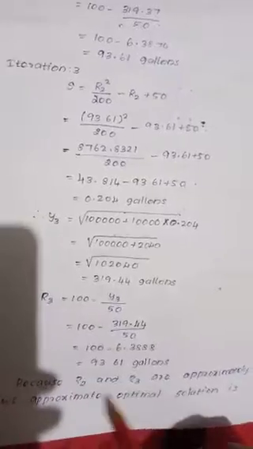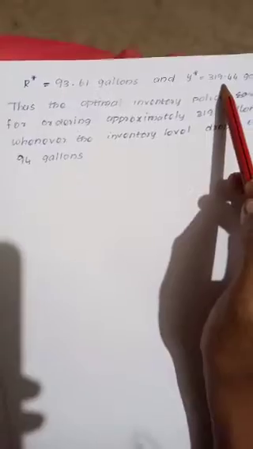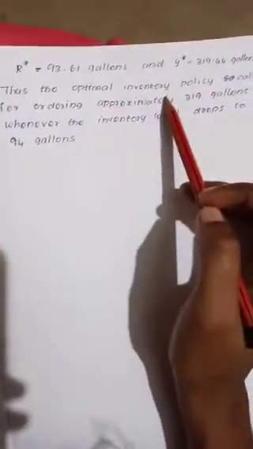We approximate the optimal solution: r star is equal to 93.61 gallons and y star is equal to 319.44 gallons. Thus the optimal inventory policy calls for ordering approximately 314 gallons whenever the inventory level drops to 94 gallons.